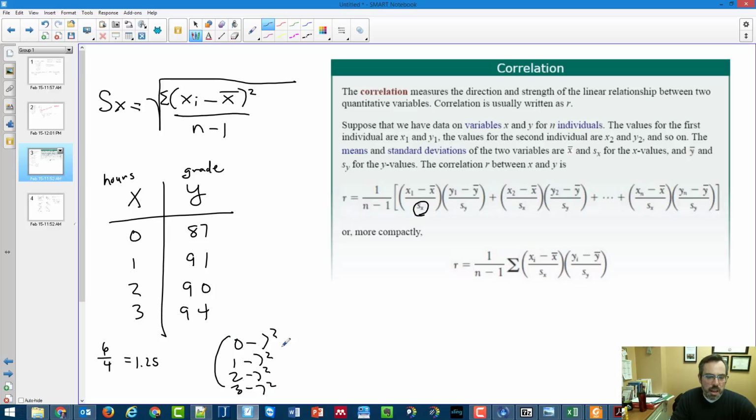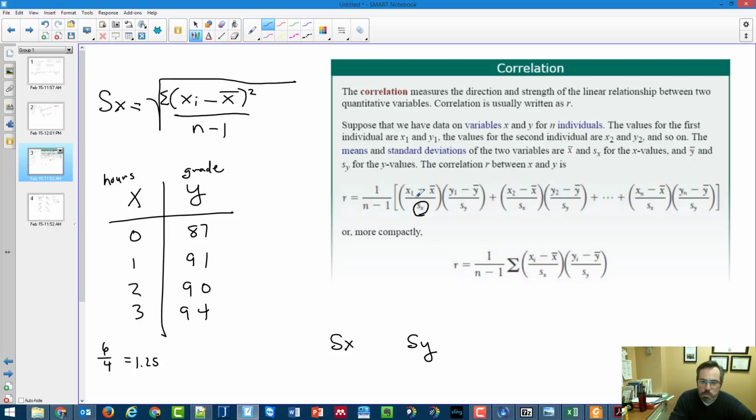And then you would have to add them all together. And then you'd have to divide it by n minus 1, which is 3 in this case. So all that stuff, just to do the x's, and that's just to get the standard deviation of x. So we use software for it. You'd have to find the standard deviation of x. You'd have to do the same thing to find the standard deviation of y.